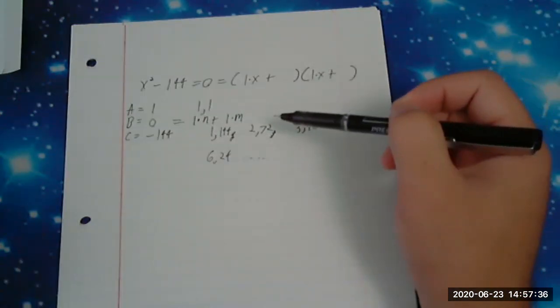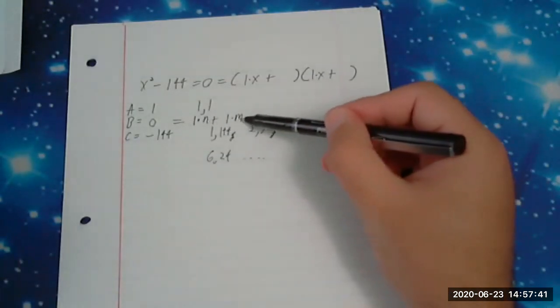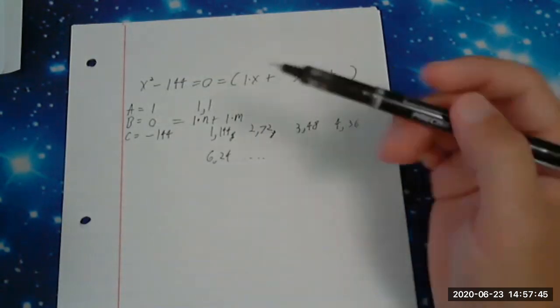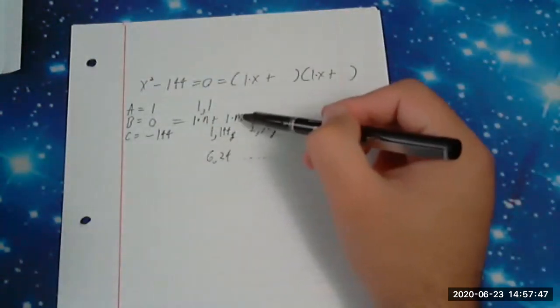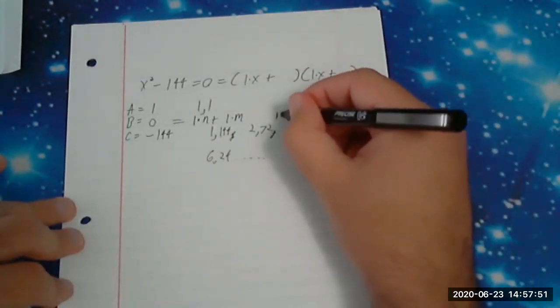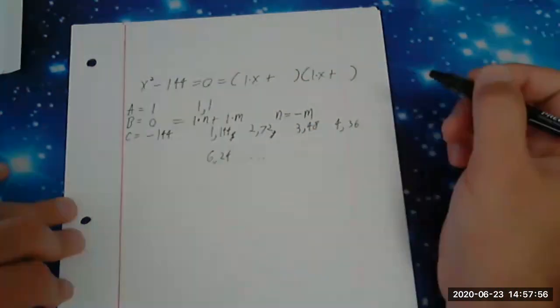And if you see this, something plus something else equals 0, then you know something about these two numbers. Whatever they are, they have to be equal and opposite. So m equals negative n.